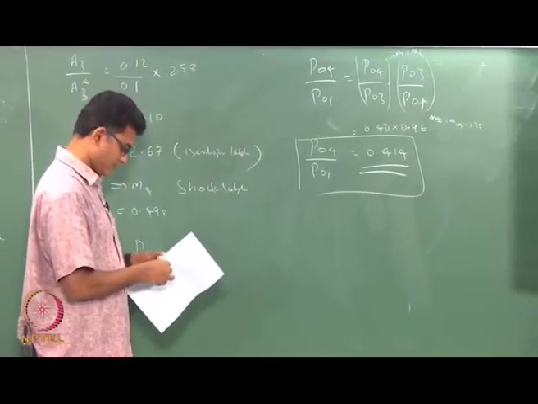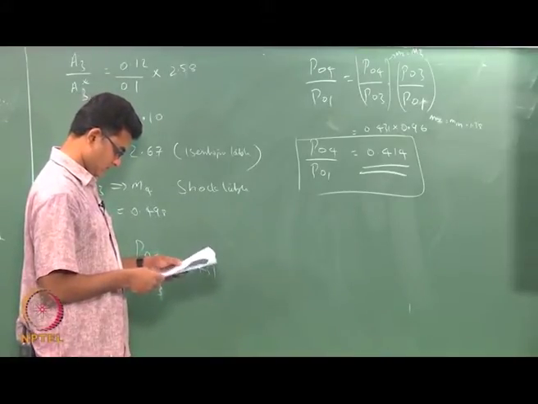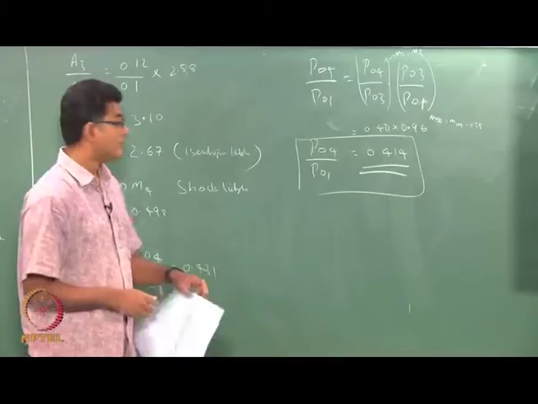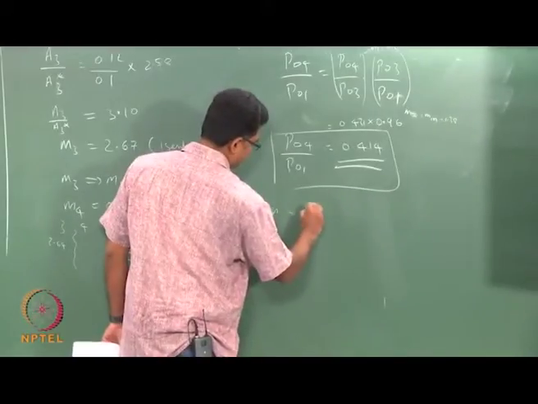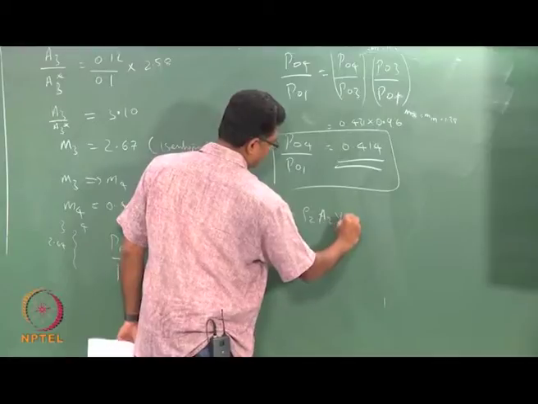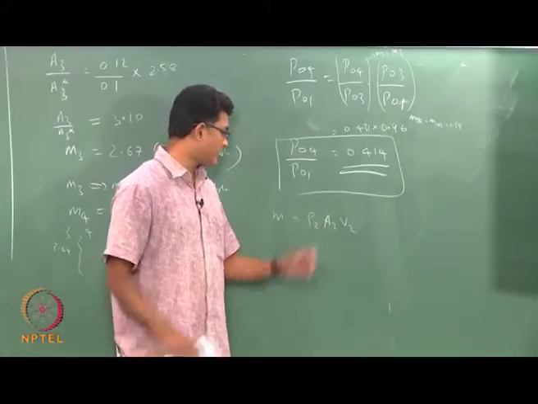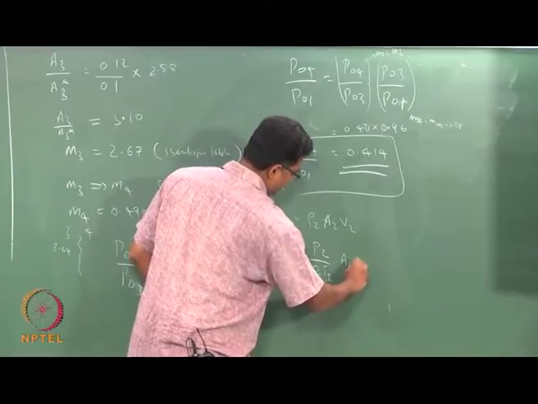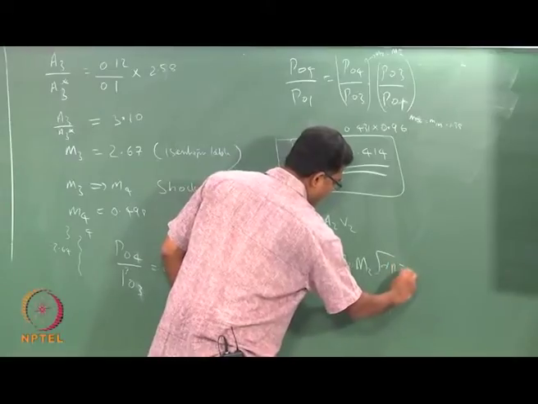So, let me see. Okay. So, m dot you can compute from rho 2 A2 V2. A2 is given, V2 and rho 2 you can compute from P2 by R T2, into A2 into M2 into root of gamma R T2.